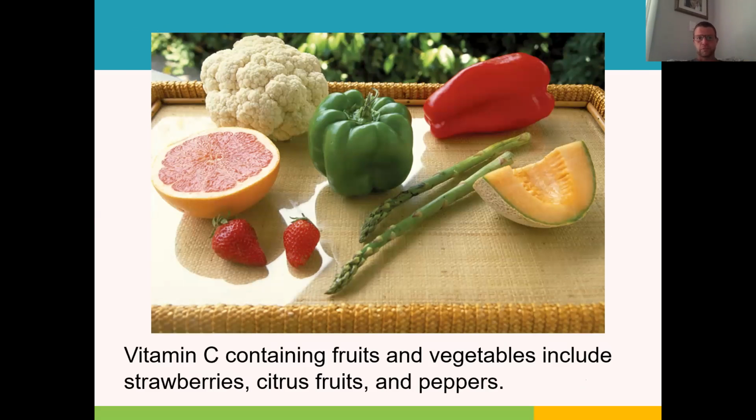So again, if you lack citrus fruits, but you're good about eating cauliflower, peppers, and asparagus, maybe that's the main source of vitamin C. Again, a good mix of all is a better approach, but I do know some folks may avoid certain foods, based on just dietary preference and so on.